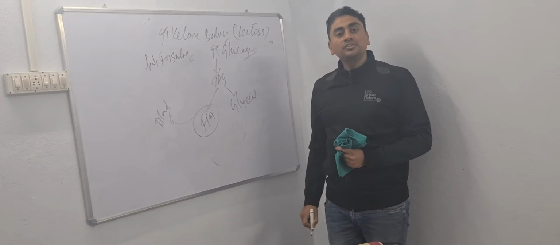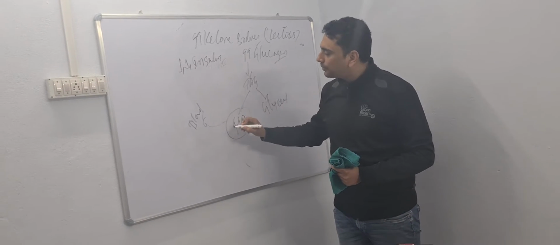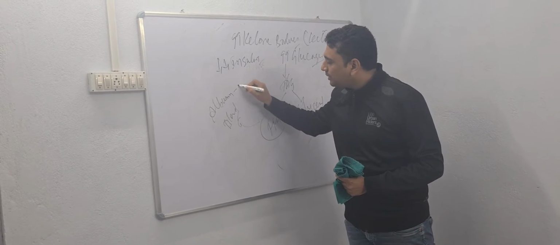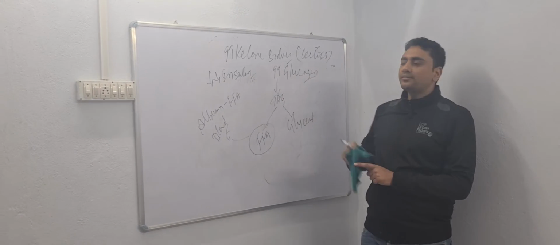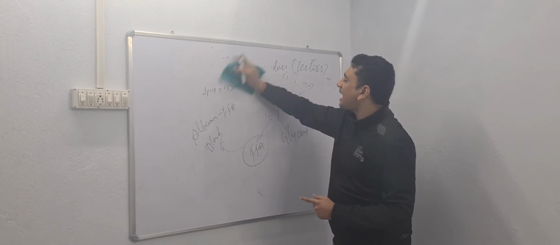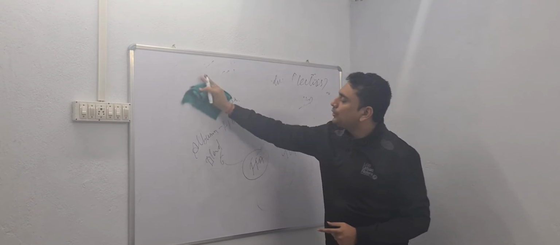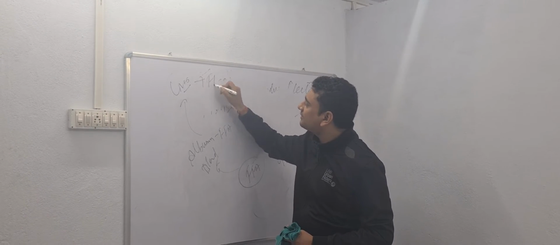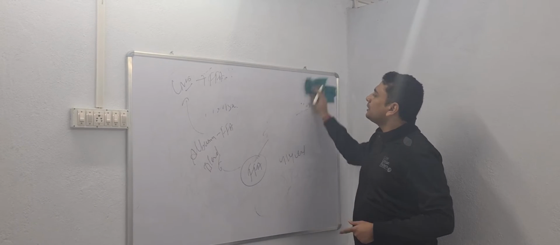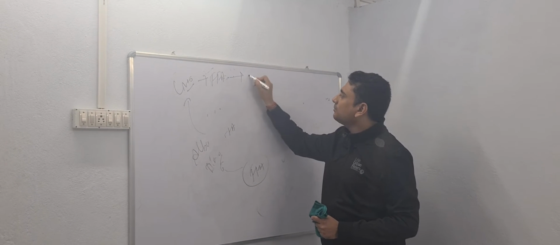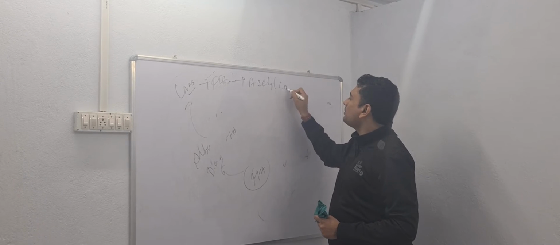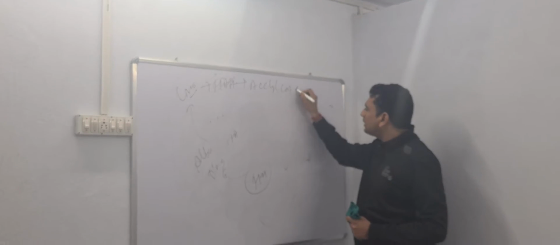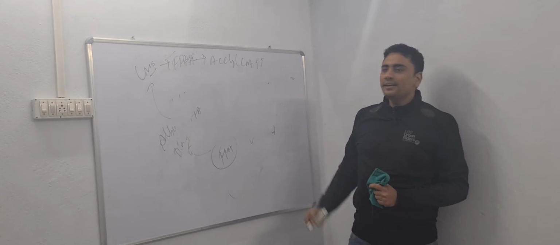Once it is released into blood, it is going to bind with albumin. So there will be formation of an albumin free fatty acid complex, and this will go into the liver. Inside the liver, this free fatty acid will be broken down into acetyl coenzyme A. So there is increased free fatty acid, and of course increased acetyl coenzyme A. So what will happen?